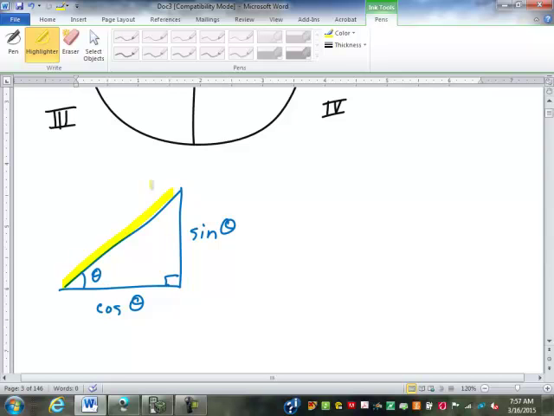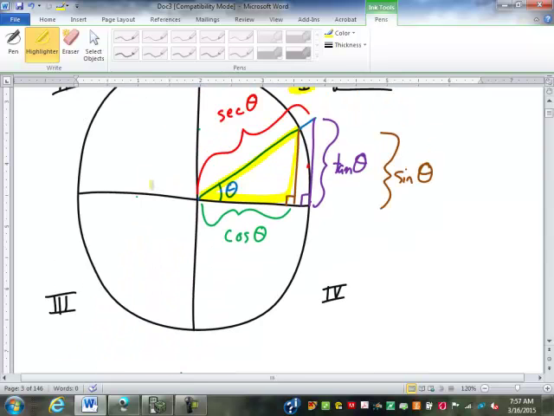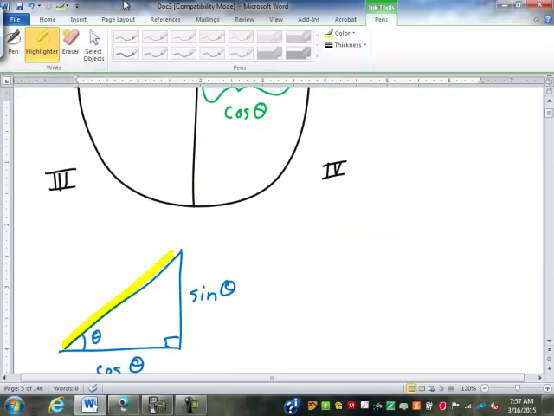Remember, what's the name of this circle? Unit circle, which means the radius of the circle is 1 unit. That hypotenuse of our triangle there is a radius of the circle, which means its length is 1 unit. Very good. So that is a length of 1 there.